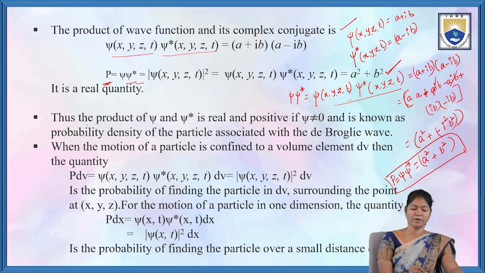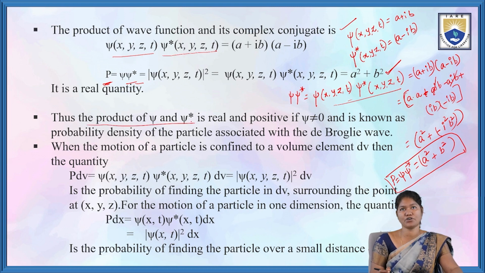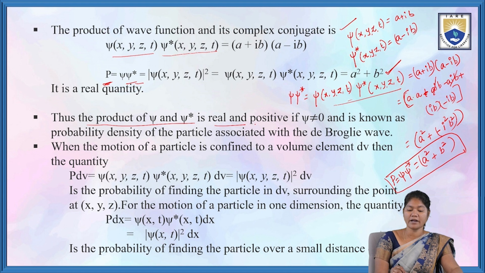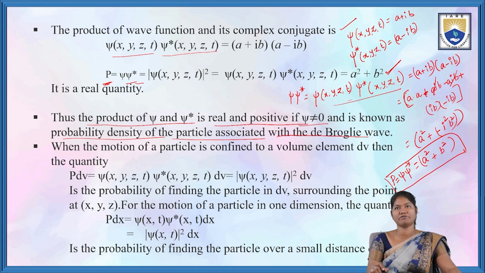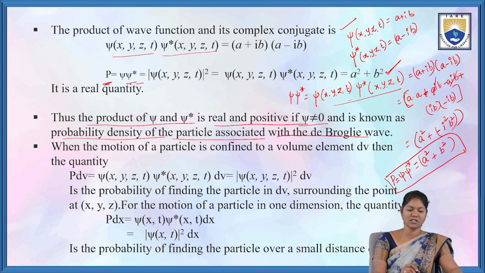Thus the product of psi and psi star is real and positive if psi is not equal to 0, and is known as the probability density of the particle associated with the de Broglie wave.